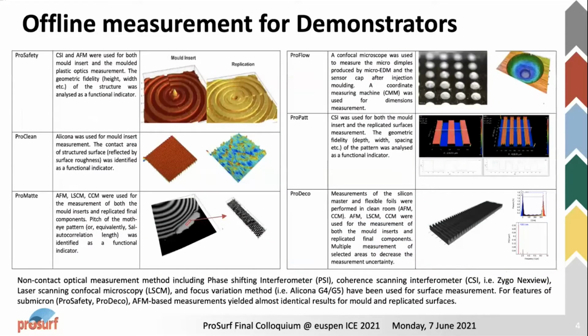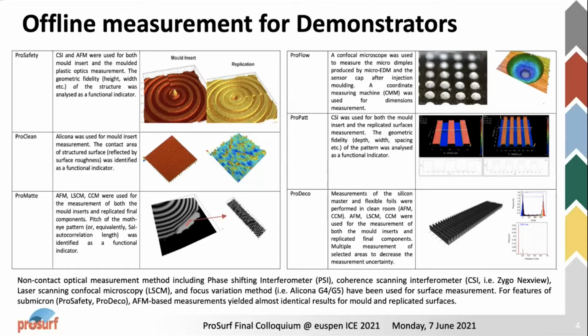To address the link between the surface geometrical specifications and the functional performance, in ProSurf an offline surface alignment procedure was developed, with identified indicators for surface functionalities as summarized in this table. For example, in ProPat, a coherence scanning interferometer was used for both remote and repeat surface alignment, and the depth, width, and spacing of the V-grooves are used as indicators for the surface functionalities.